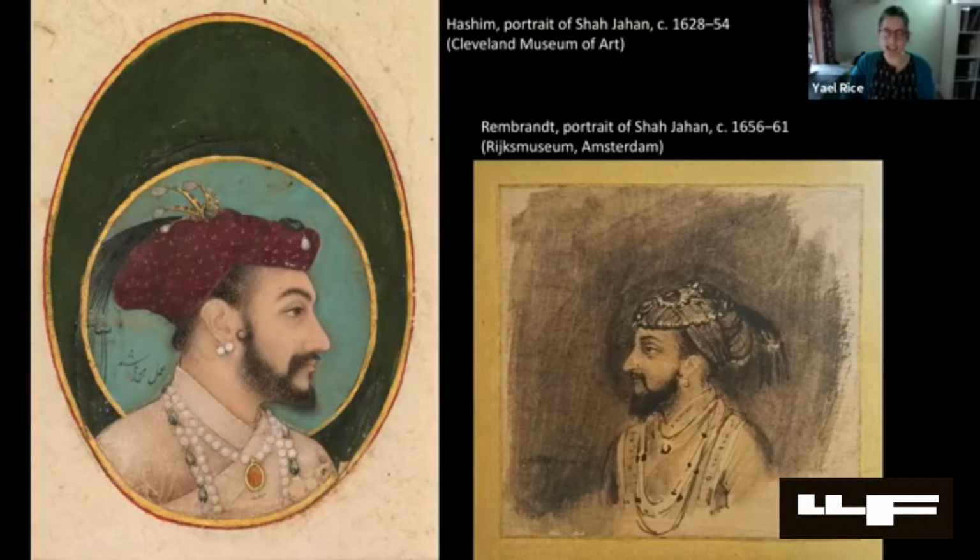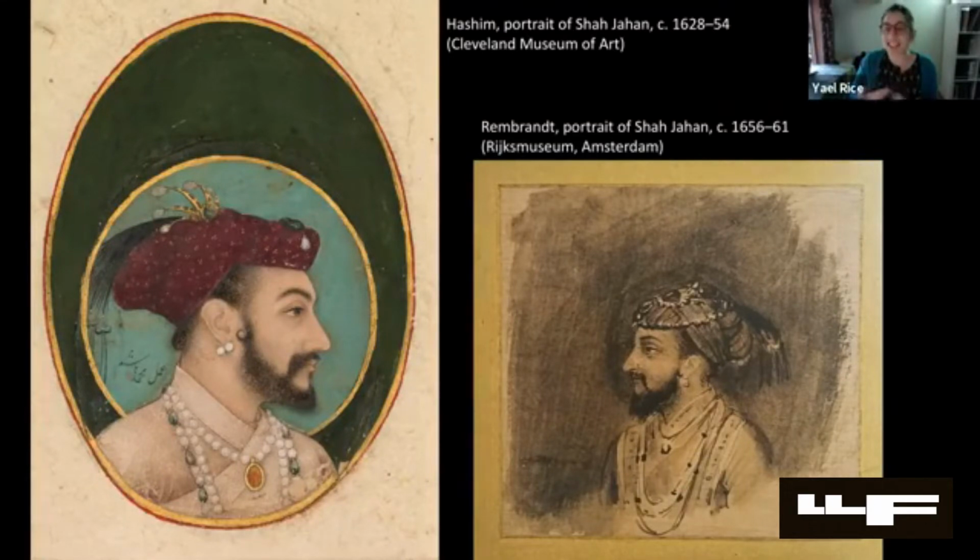And we can see again, I hope, in these details how differently Rembrandt approaches the study of portraiture and the study of form, where the Mughal artist Hashim on the left is really interested in minute detail. And again, the hard line, the hard contour, not only of the profile, but even the delineation of the ears, the eyes, and so on.